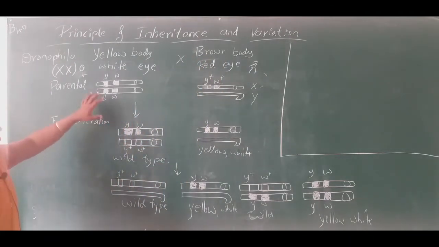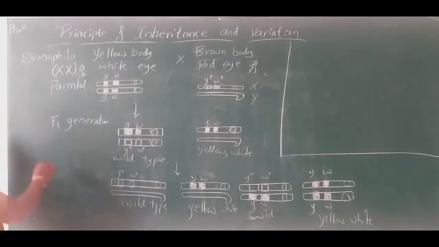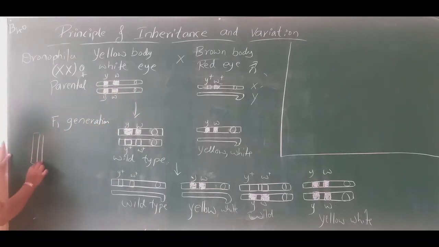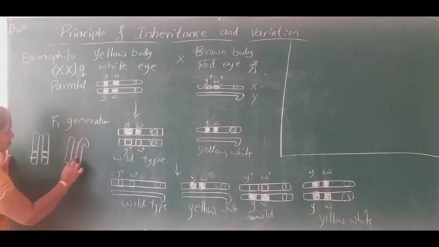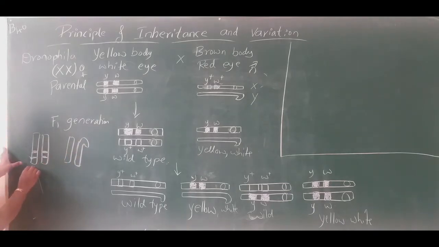We'll cross these two. How to cross these? This X chromosome will go with this X chromosome. Here we are having Y plus and W plus.